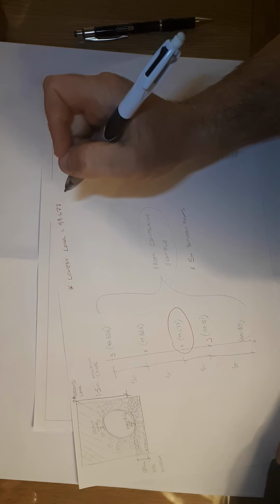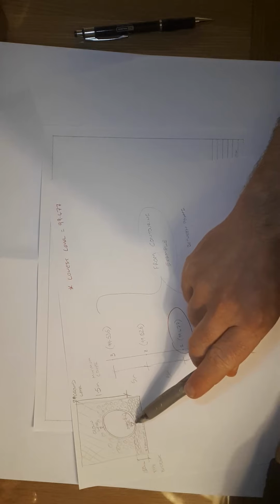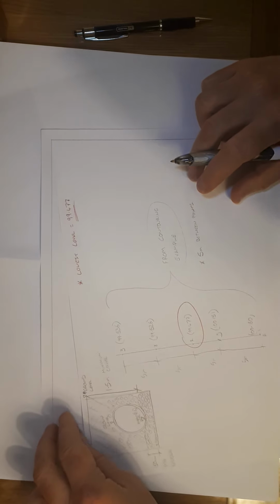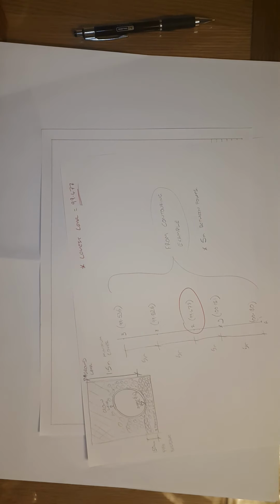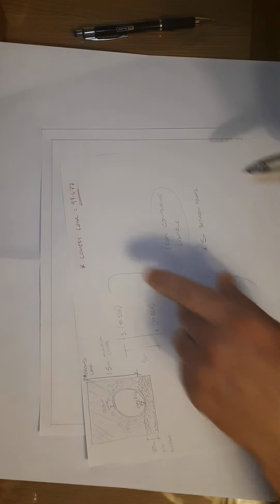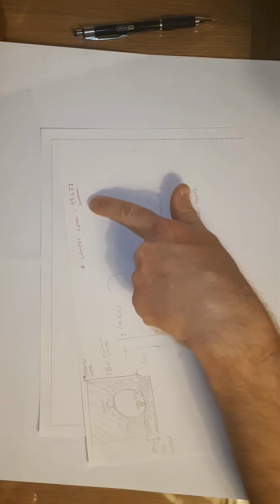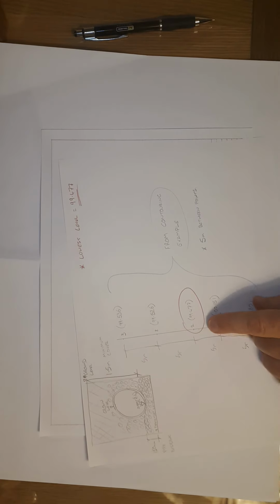So we've got the lowest level. The next thing we need to work out is what our invert level is going to be based on this lowest level here, our 99.477. To do that, we have to deduct our 1.5 meters from this level, our lowest reduced level at A2.